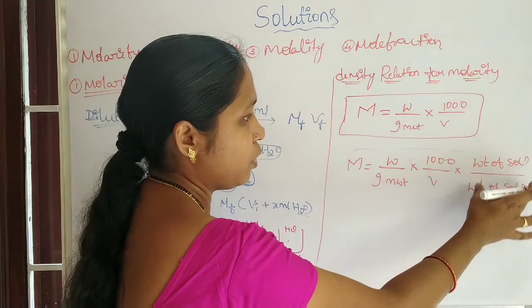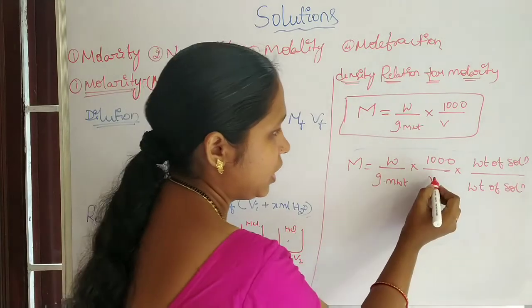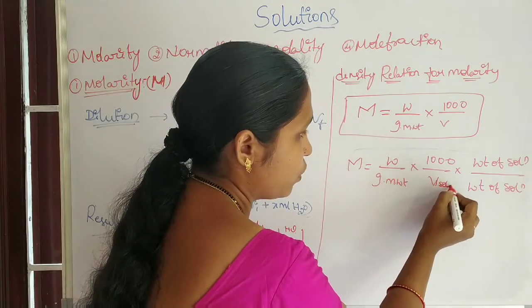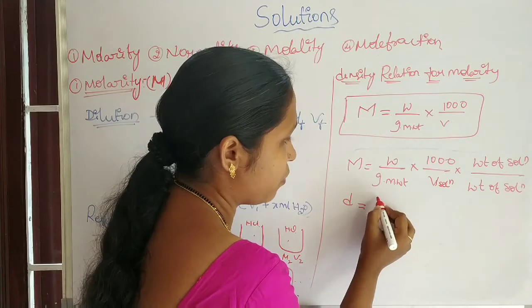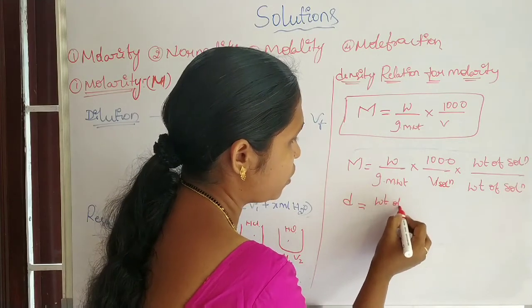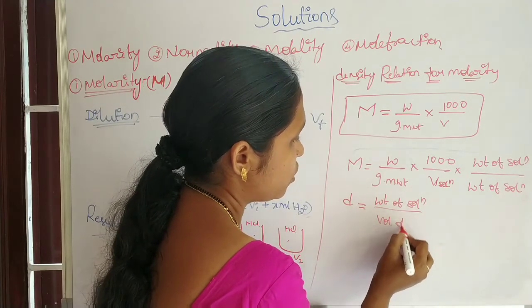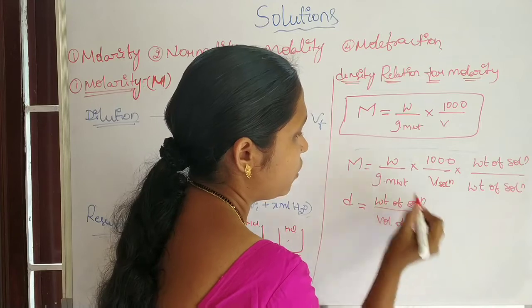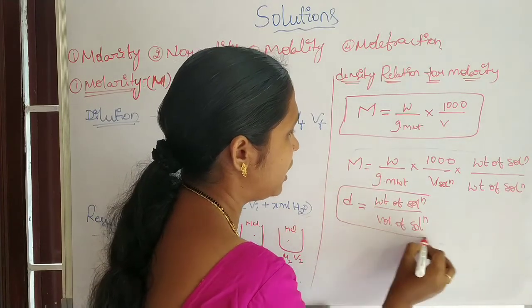Here we have the volume of the solution. What is the density? Density means mass by volume, that is, weight of solution divided by volume of solution, which we will represent with D.